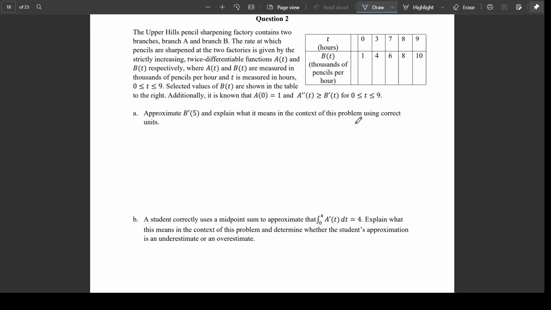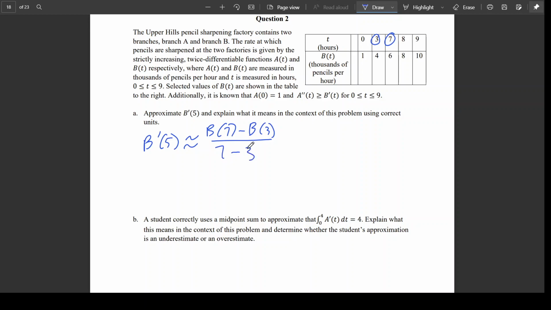In part A, we're asked to approximate b prime of 5 and explain what it means in the context of this problem using correct units. To approximate b prime of 5, we find 2 points that are close to 5. In this case, we have 3 and 7, and we find the slope between those 2 points. So b prime of 5 is approximately equal to b of 7 minus b of 3 over 7 minus 3.